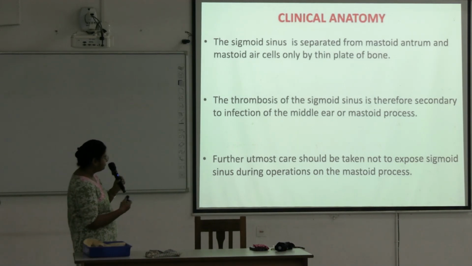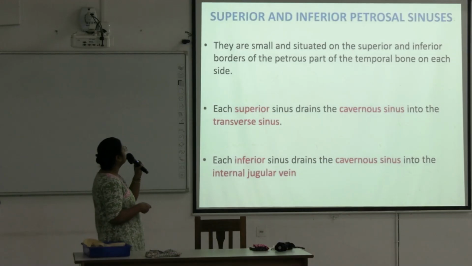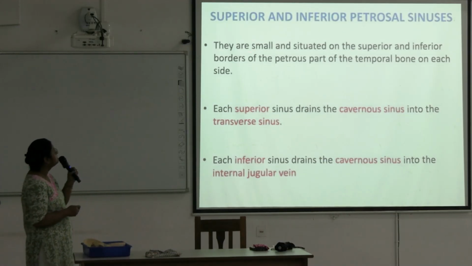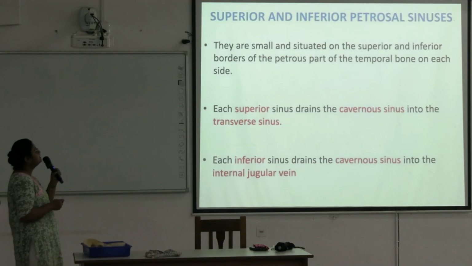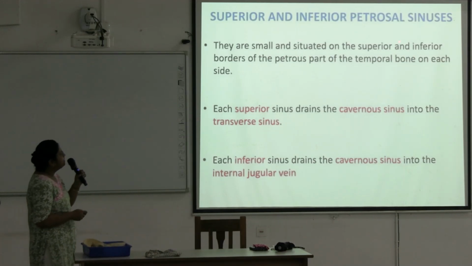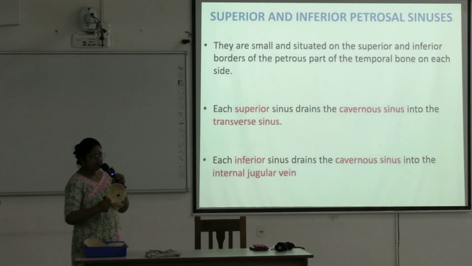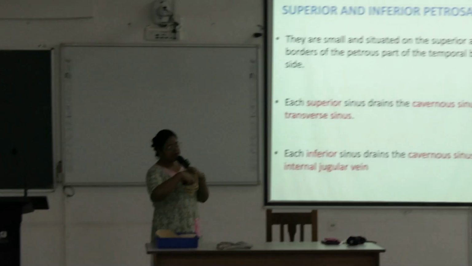Okay. Next is the superior and inferior petrosal sinuses. The petrosal sinuses are small and situated on the superior and inferior border of the petrous part of the temporal bone on each side. See, this is the petrous part of the temporal bone, this projecting part.